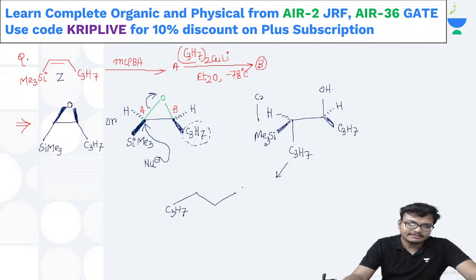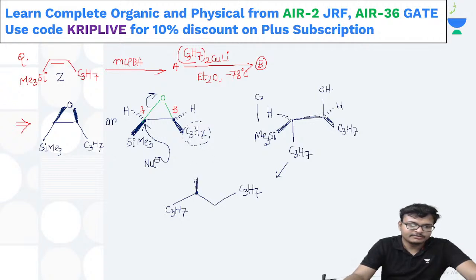So if the C3H7 attack is happening, then tell me, what will be the stereochemistry of the SiMe3? So this is normal. There is no necessity of changing this molecule, right?